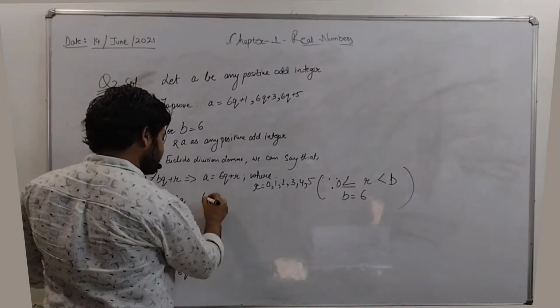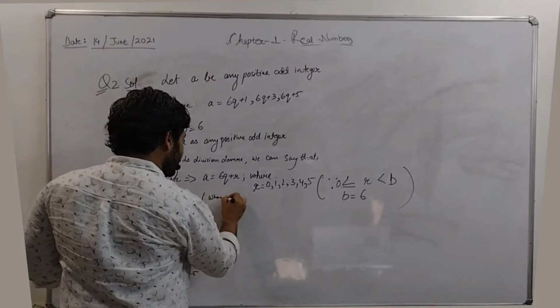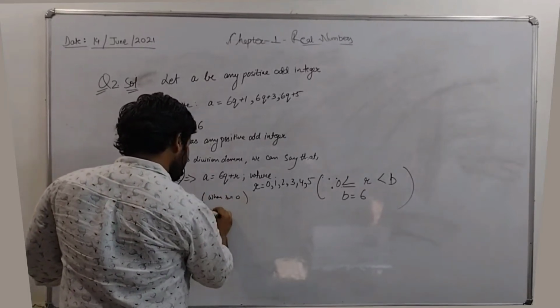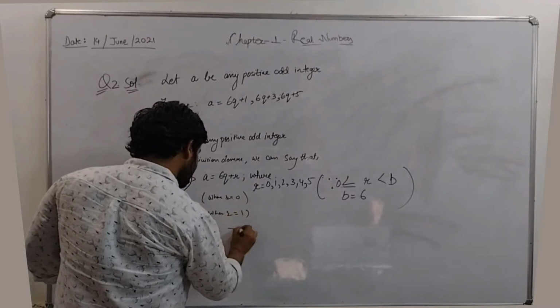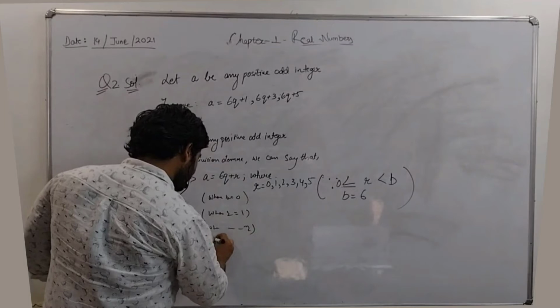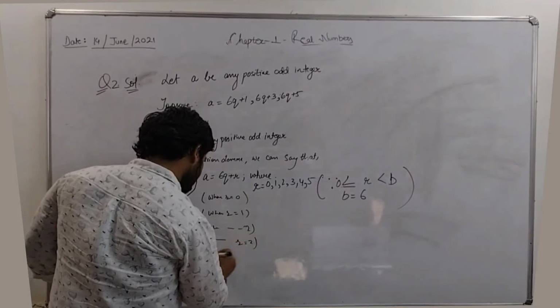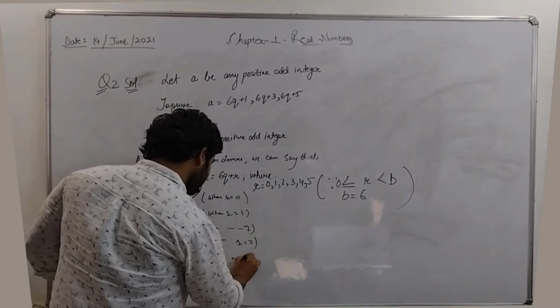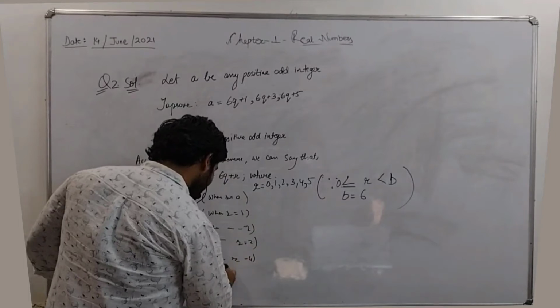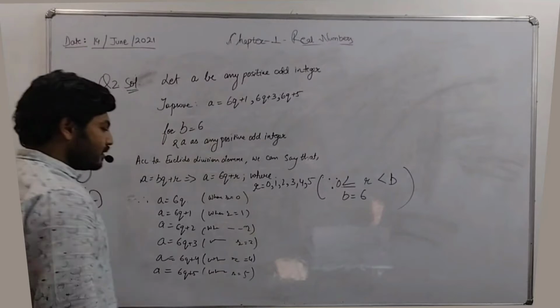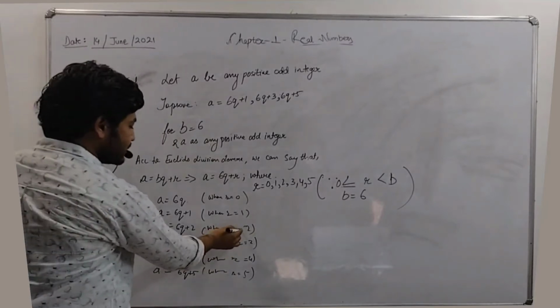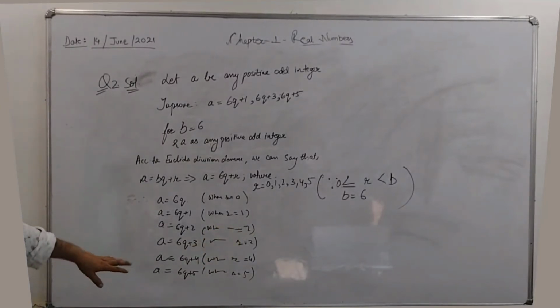You can add in brackets: when r is equal to 0, when r is equal to 1, when r is equal to 2, when r is equal to 3, when r is equal to 4, and when r is equal to 5. So these are all your scenarios. These are all your cases, right?